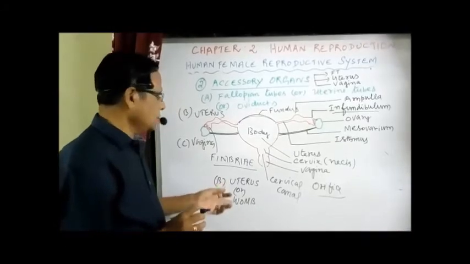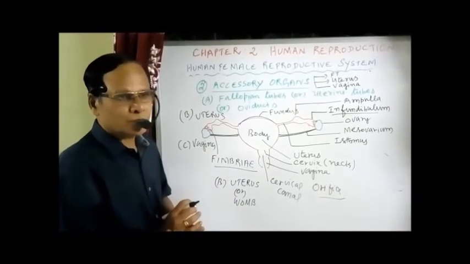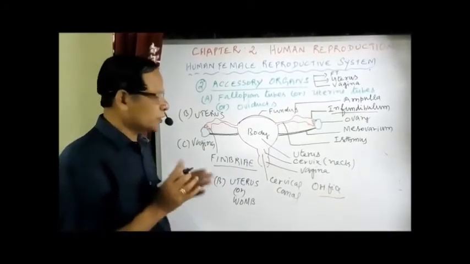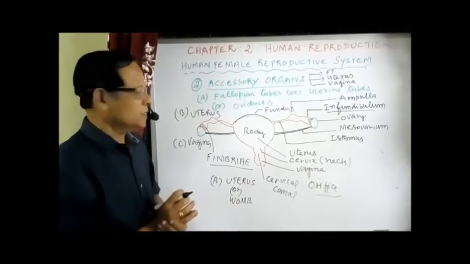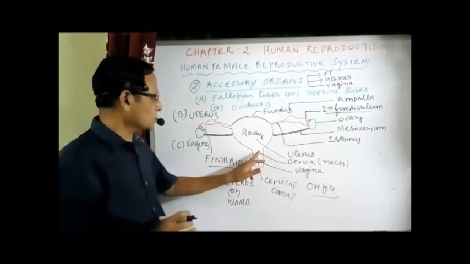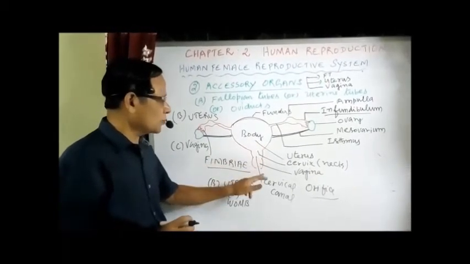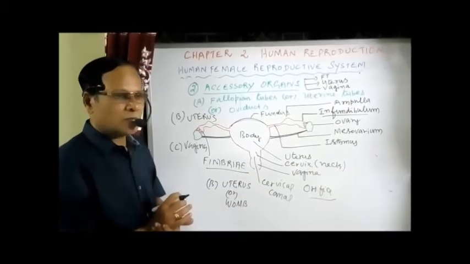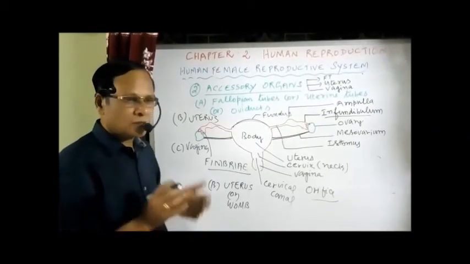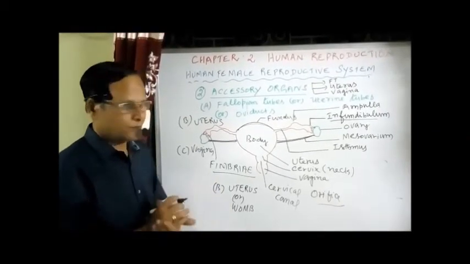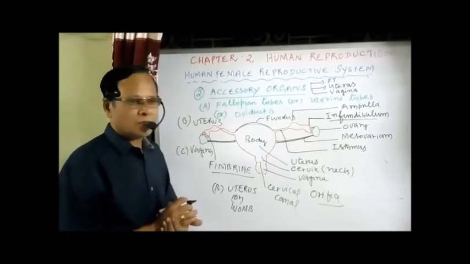Now the vagina is a fibromuscular tube which opens to the exterior. It starts from the cervix of the uterus and opens to the exterior. It is concerned with female copulation.